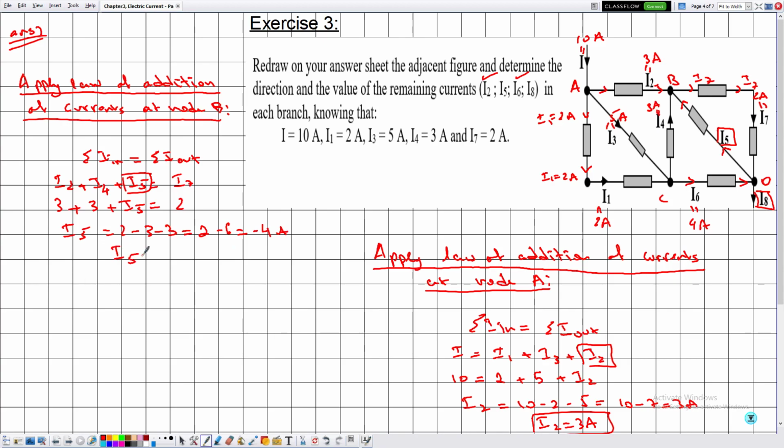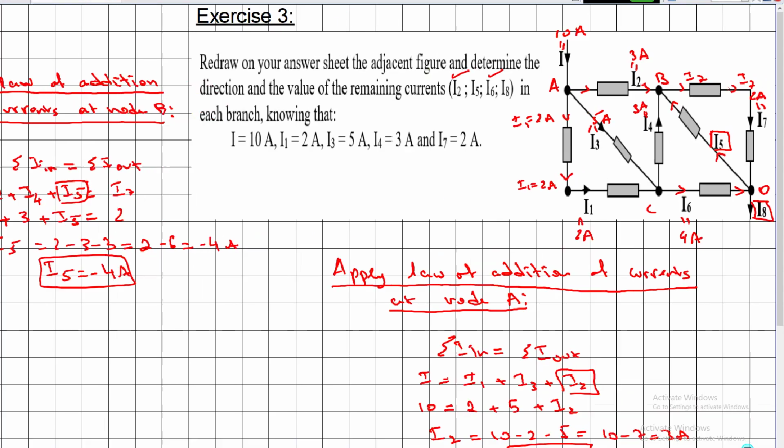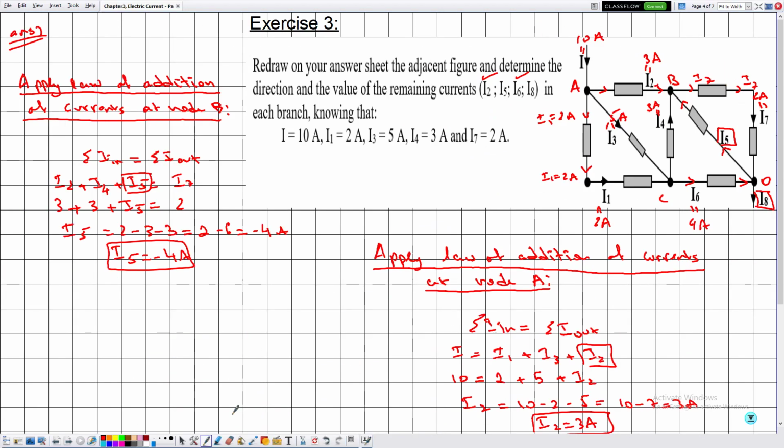So I5 is equal to minus 4 amperes. What does this mean? That the choice of this direction is wrong. It must be out of the node B. And the value of I5 in this case is given by 4 amperes.